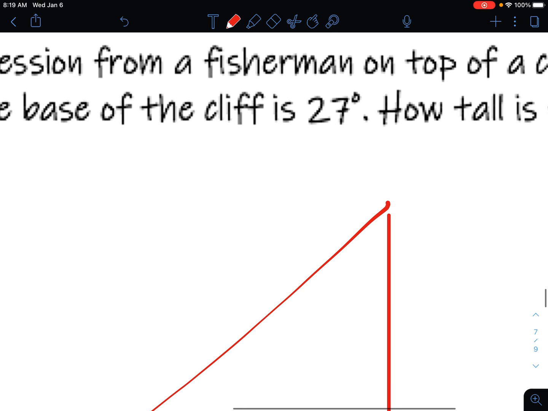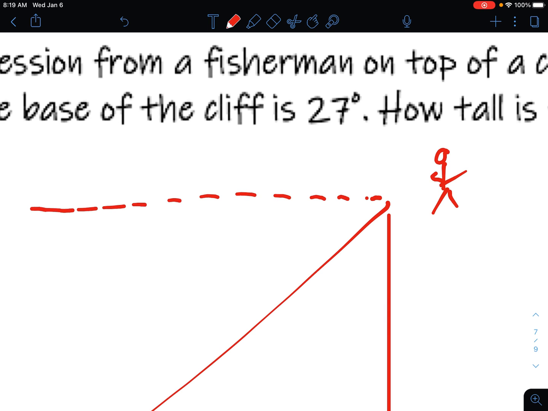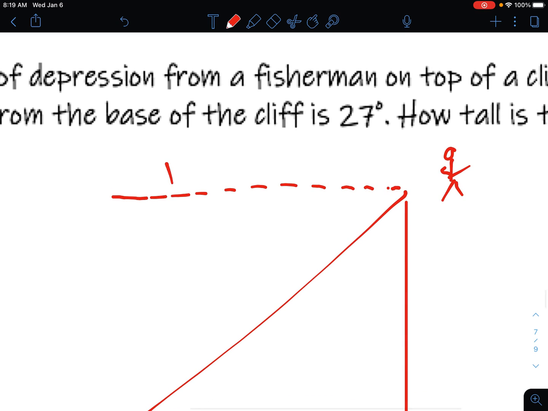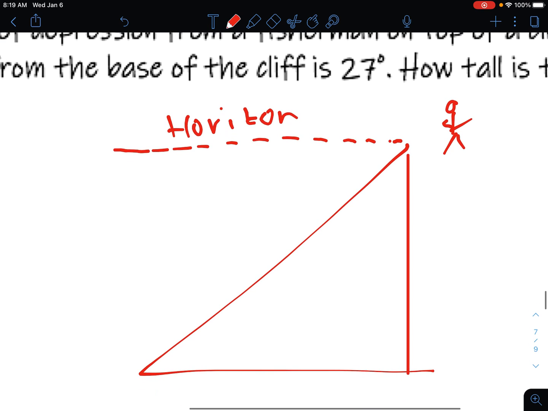remember, if he's up here looking ahead, right, our angle of depression has to go from our horizontal line to the line of sight. So this is our horizon. Our angle of depression is actually right here. So if you're drawing your triangle like I am, you need to put your angle of depression down here.